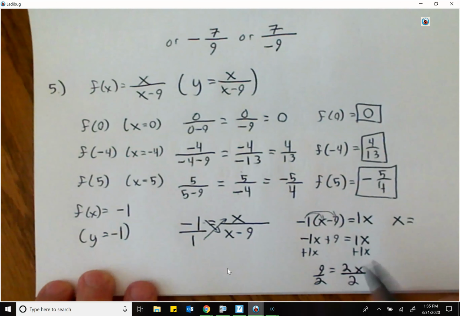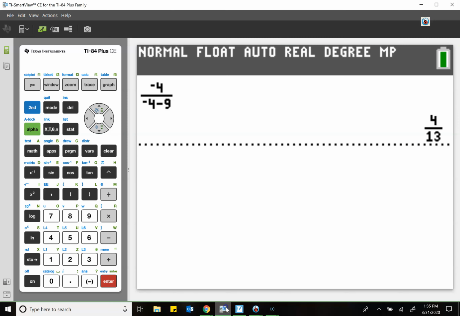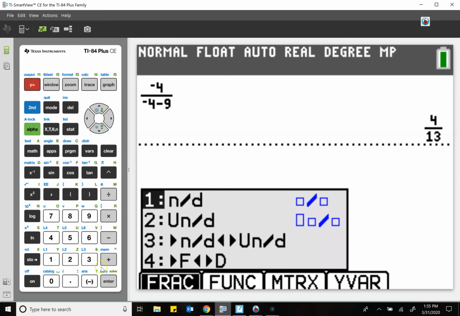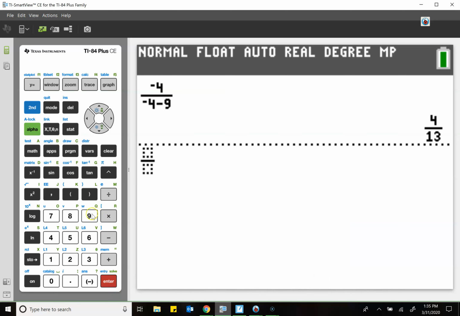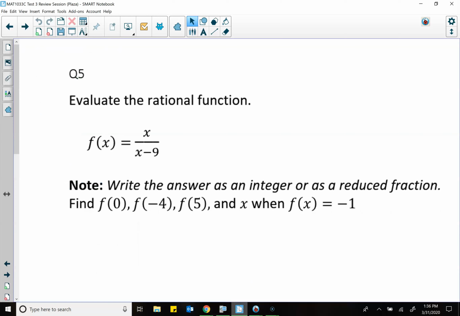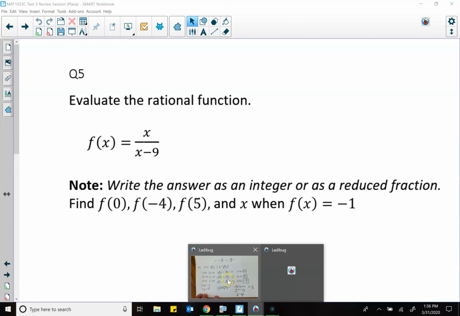Because if you go to your calculator and put 9 over 2, alpha y equals, if you don't know how to reduce, put 9 over 2. The answer is still 9 over 2. So now we know what x is. So in that last problem, that's what we're doing.